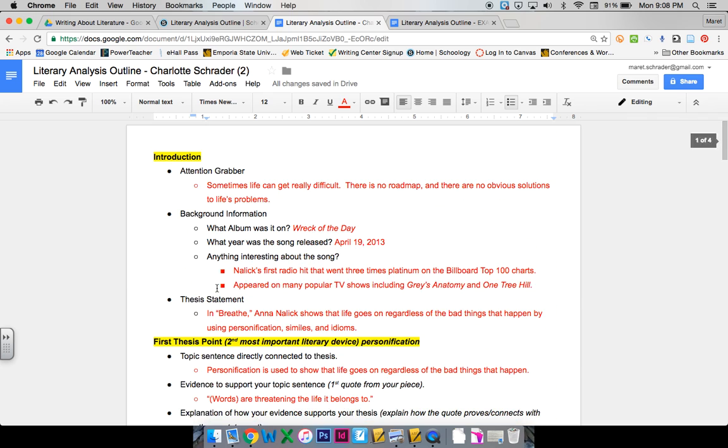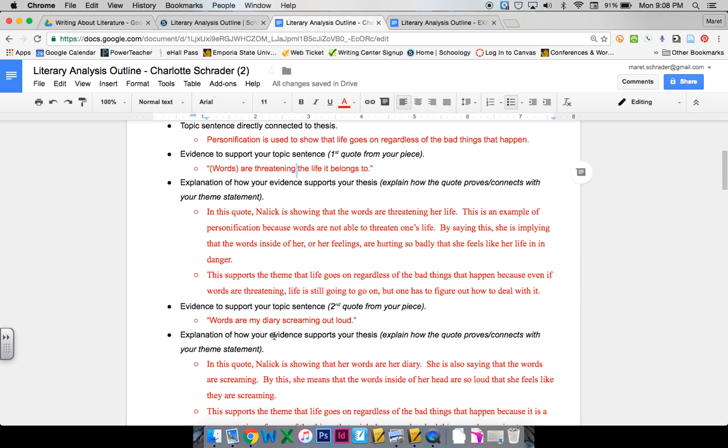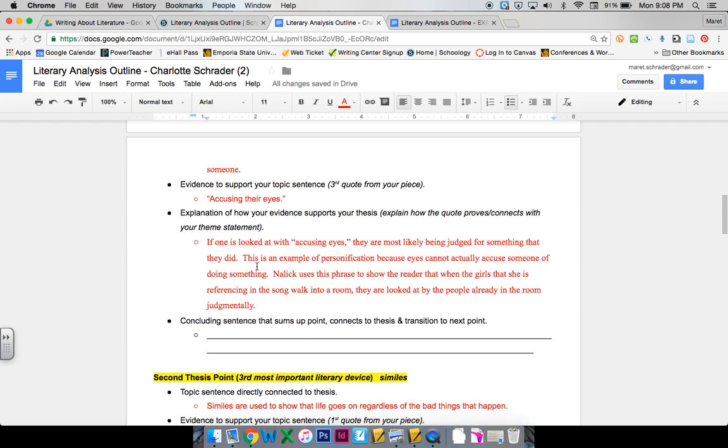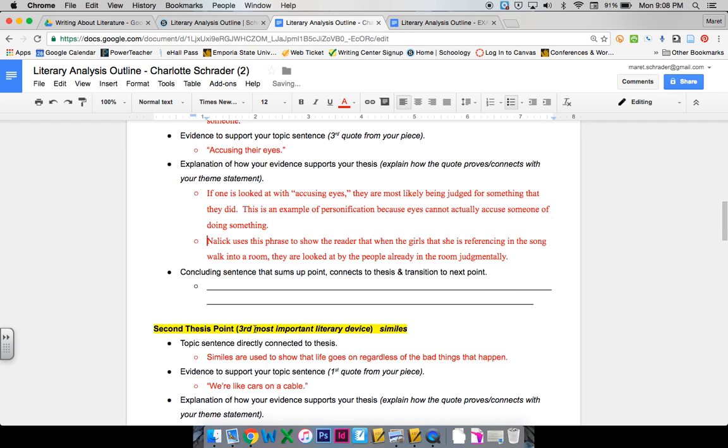So that is my first thesis point, for personification, where I have my topic sentence, my three quotes from the song, and then I explain each of those quotes. The next thing I have is the concluding sentence that sums up the point and connects to the thesis statement, and then my transition.